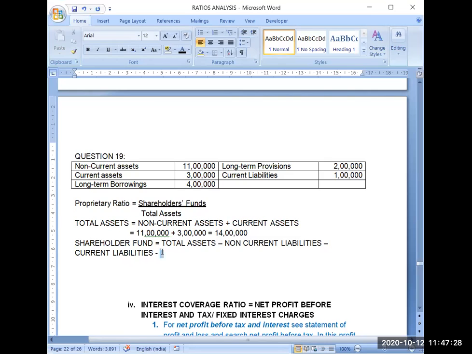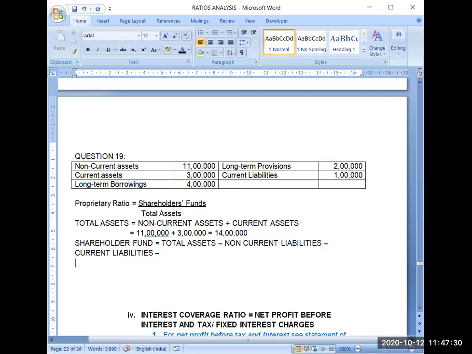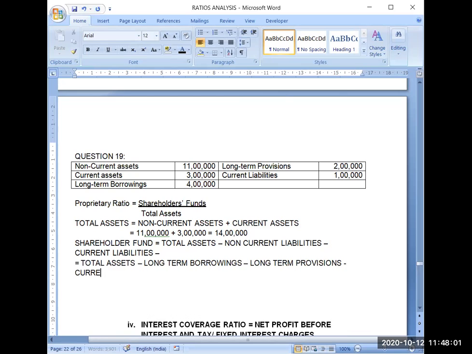Now again I will rename it: shareholder fund is equal to total assets, because two non-current liabilities are given, minus long-term borrowings, minus long-term provisions, minus current liabilities.